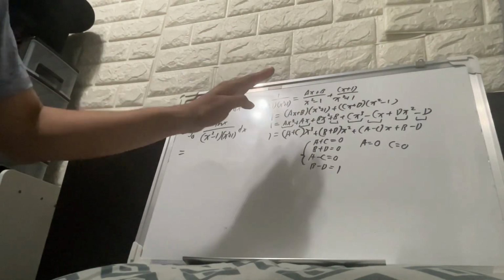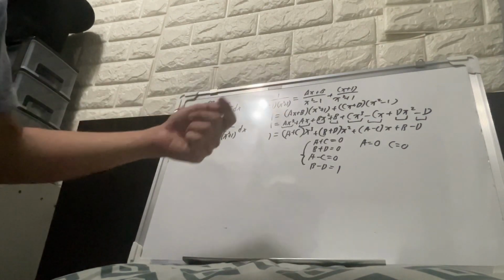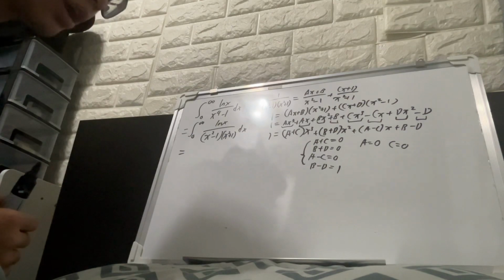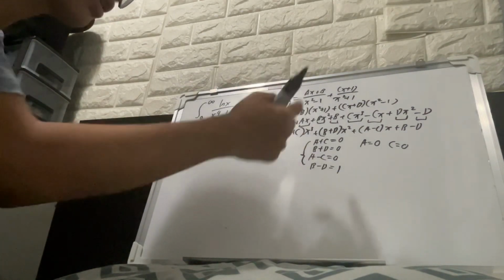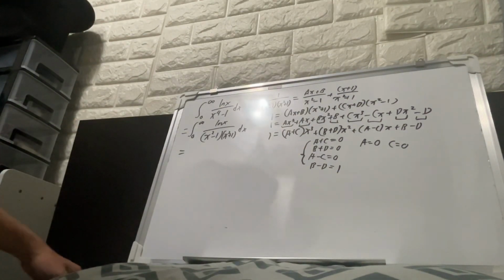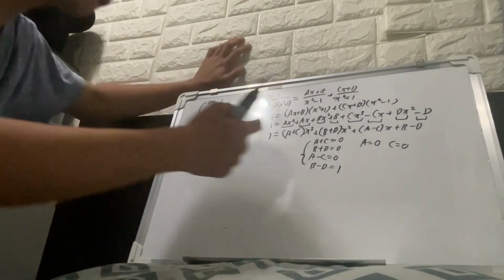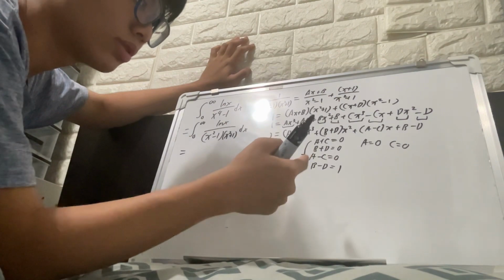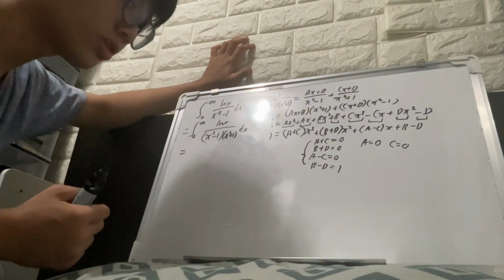You get 2a is equal to 0, because c and negative c cancel, and then a is equal to 0. Putting a equal to 0, c is also going to be 0. If a plus c needs to be 0 and a minus c needs to be 0, they both need to be 0.